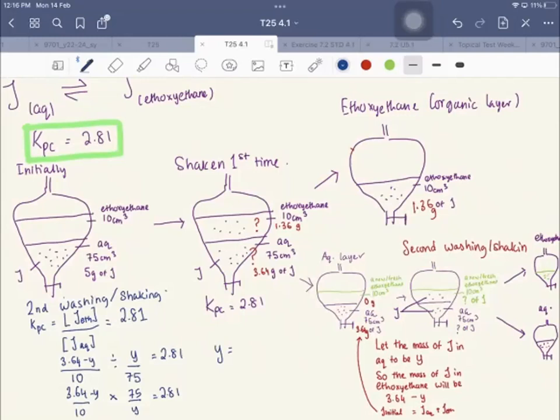So there's a reason why we need that KPC constant. Someone please help me work this out and then we can compare our answer.